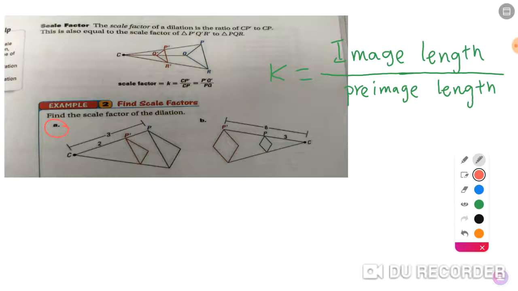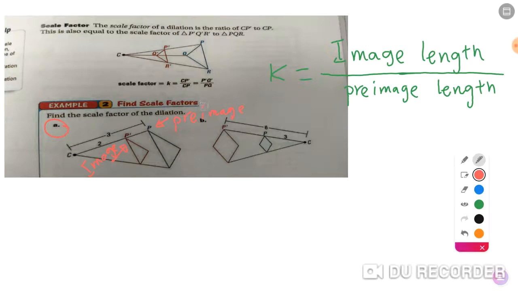Obviously the original figure is B, this one in blue, and the image is P prime, this one in red. So this one is the image, and that one is the original or pre-image.